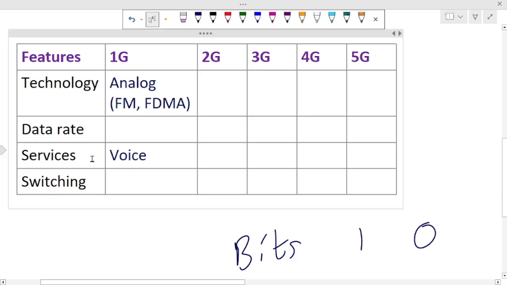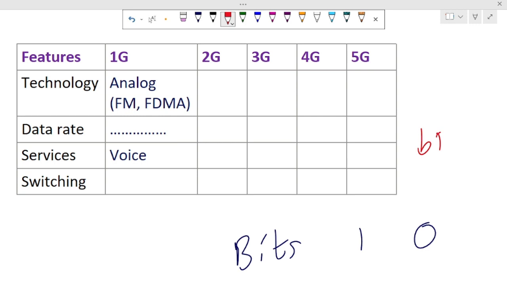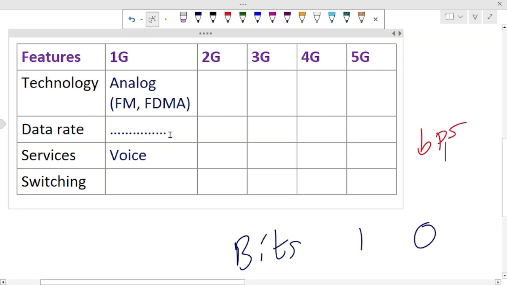So when you talk about data rates for the first generation, there is no data rate in terms of ones and zeros, because there are no bits. How many bits can you send in 1 second? That is bits per second. But this one, I would not have bits. So what the engineers did at that time was to get an approximate value, which they took as 2.4 kilobits per second.